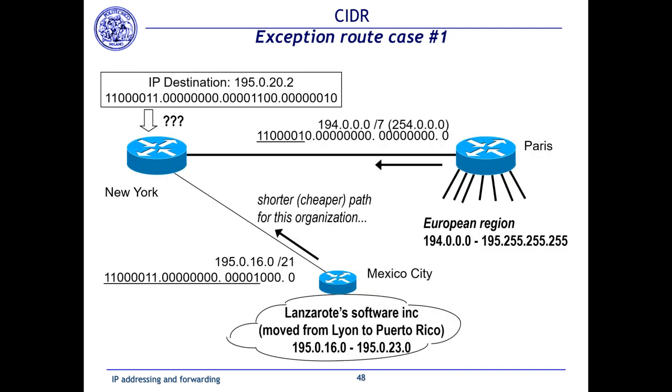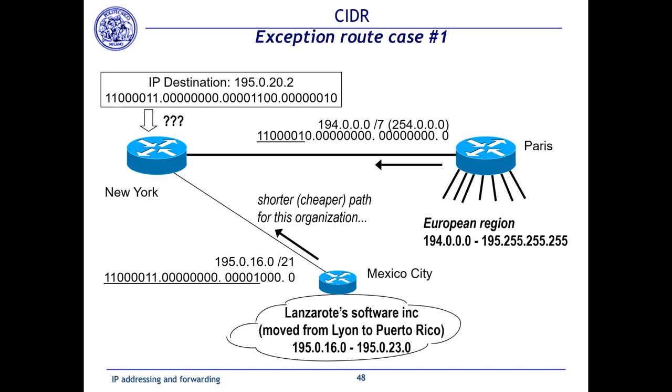a specific host of this company arrives into a router that is, for example, located in New York? If this router only has a table that is aggregating addresses at the maximum possible level, it will have two different entries, one for Europe and one for South America.